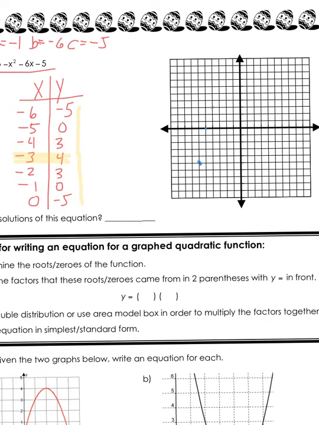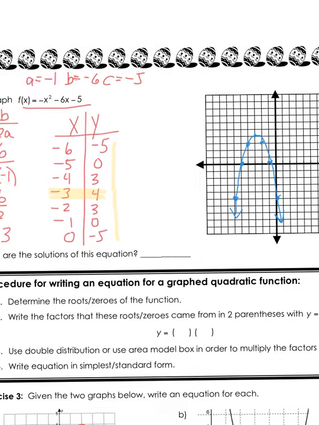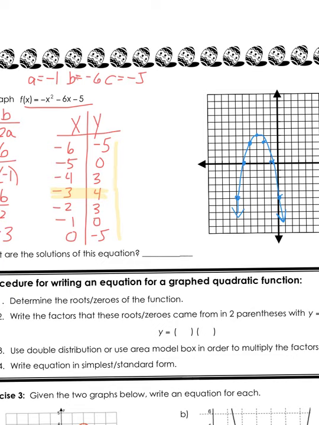Negative 3, 4. Okay, so I'm going to try and make those points a little bit clearer and nicer. And there is my parabola. Why does it face down? Well, it faces down. I was expecting that because of this negative right here.